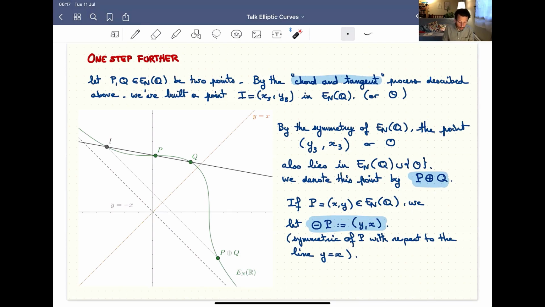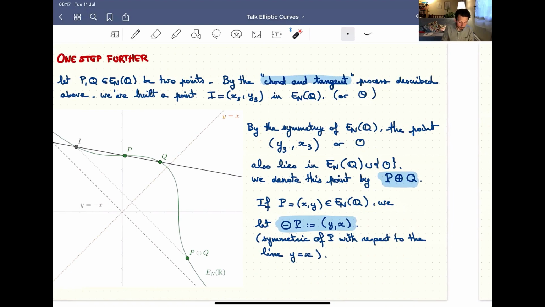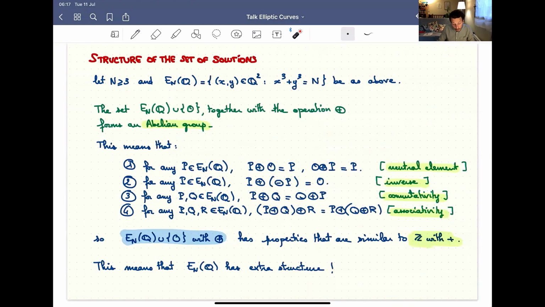And this allows us to give cool statements, which I will try to describe in elementary terms. So we started from this set of x, y in Q squared, such that the sum of their cubes is equal to n. We've added the point at infinity O to this set.